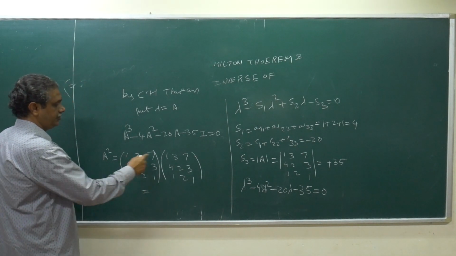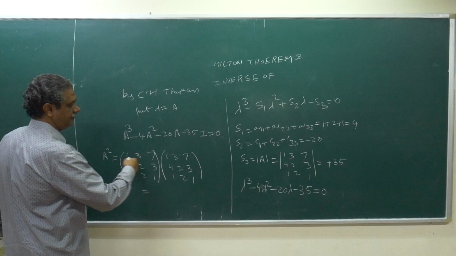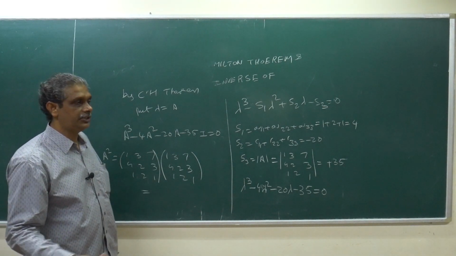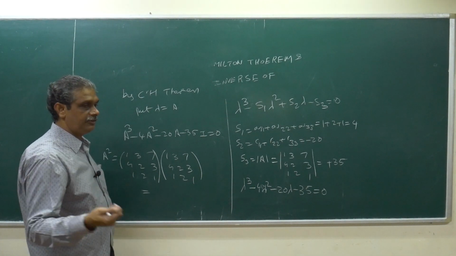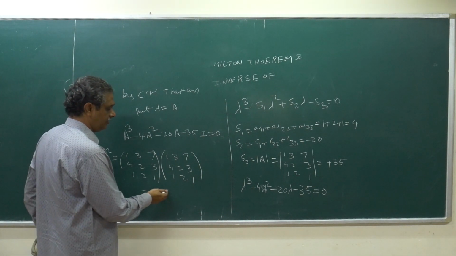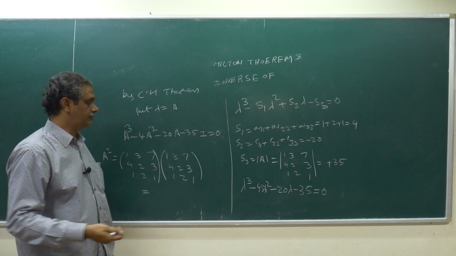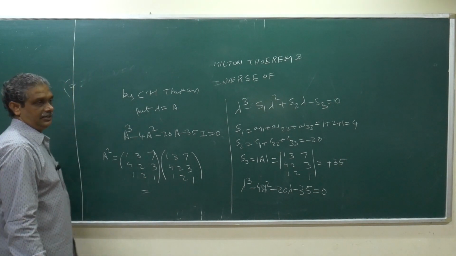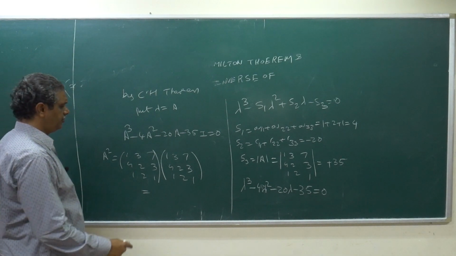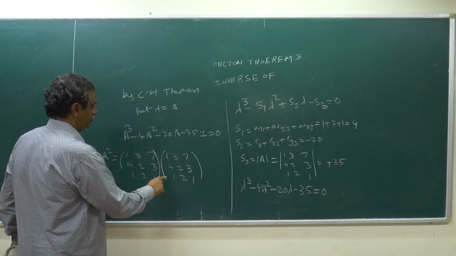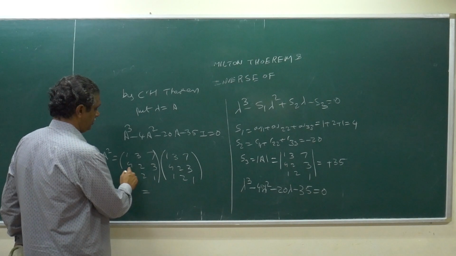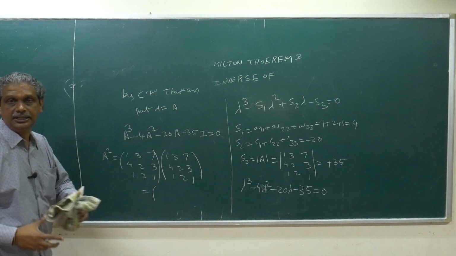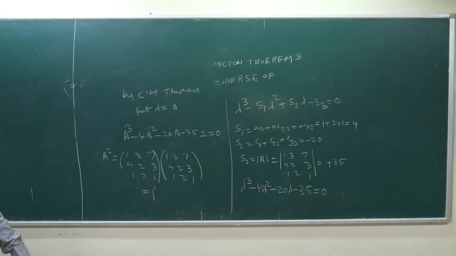If we hold one row, you multiply with all columns of the second matrix. If you hold the first row, you get the first row of the answer. If you hold the second row, you multiply with all columns and get the second row. So this is also something I am skipping; I am writing from the textbook, you can do it yourself.